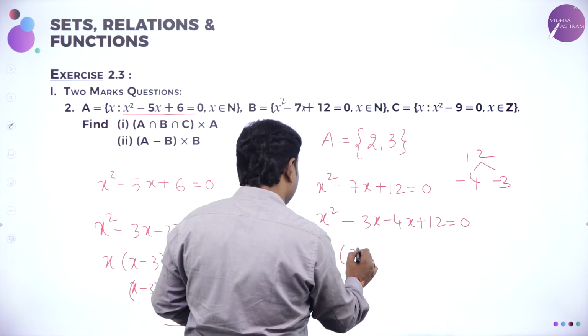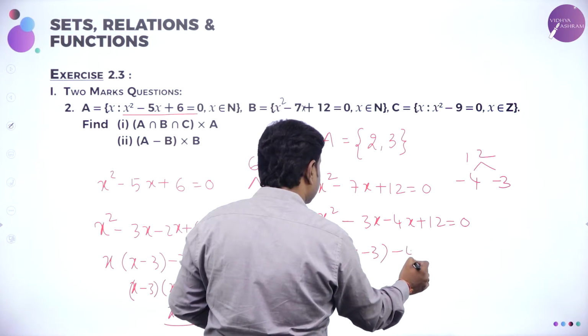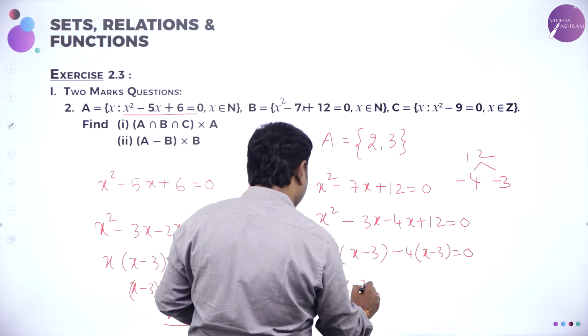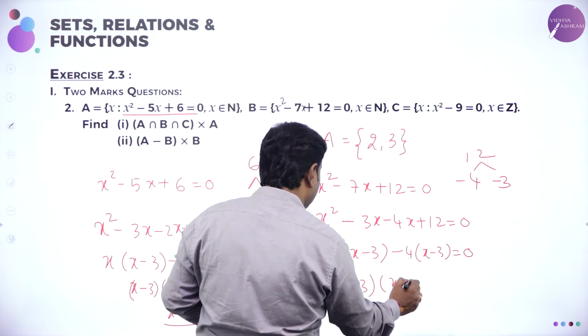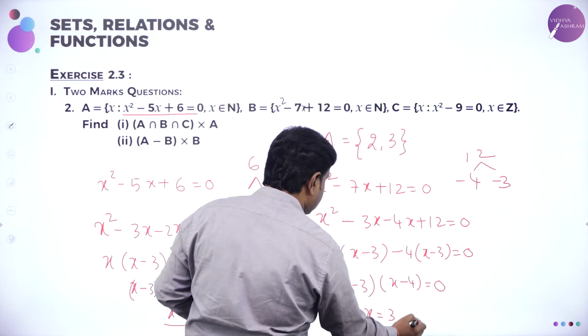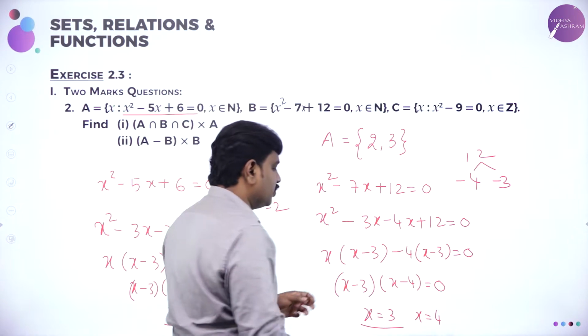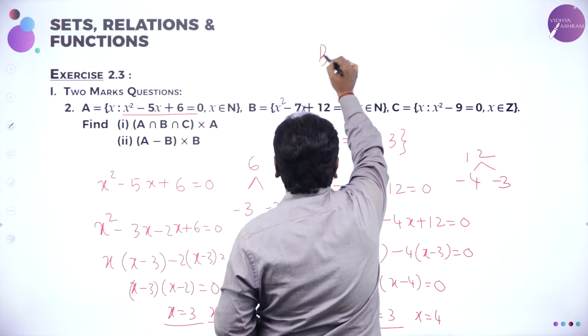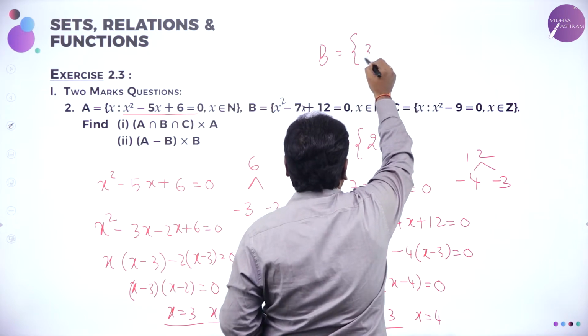Take x common, it will become x minus 3. Take minus 4 common, it will become again x minus 3. Take x minus 3 common, it will become x minus 4 equal to 0. And from this you will get x equal to 3 and x equal to 4. So set B, you got two elements. Set B is 3 comma 4.